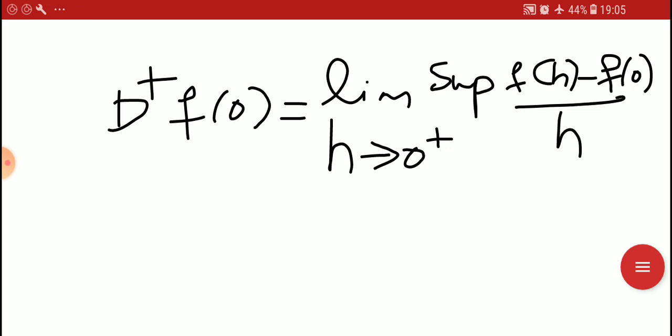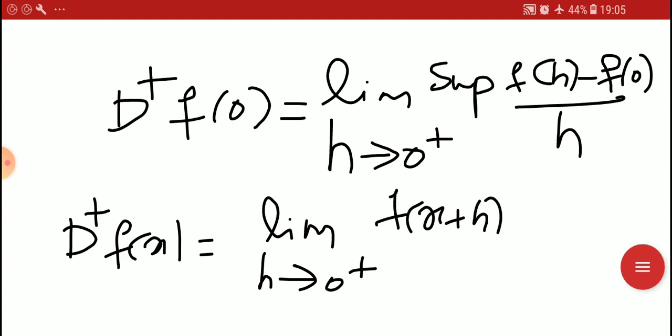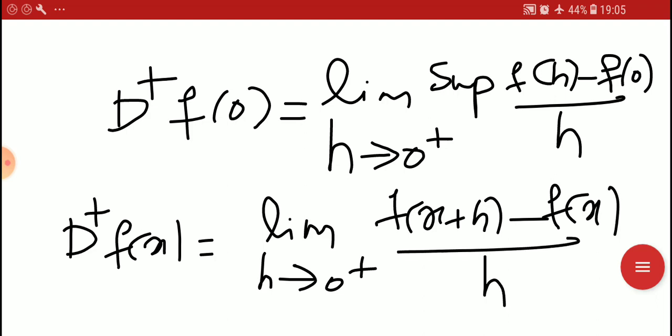The general formula for the upper right derivative of f at x is the limit as h tends to 0 plus of the supremum of (f(x + h) − f(x))/h.